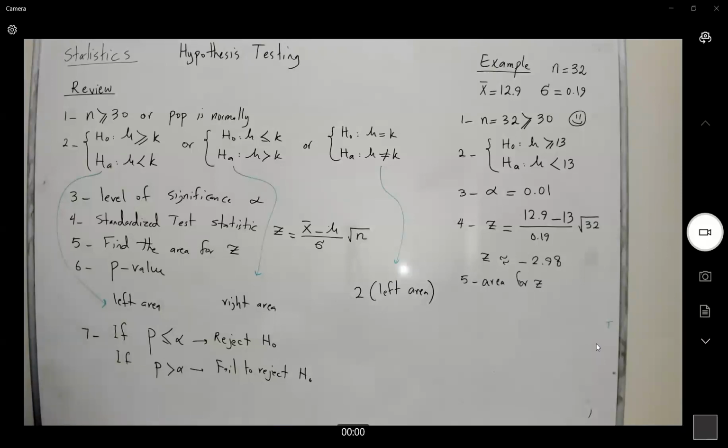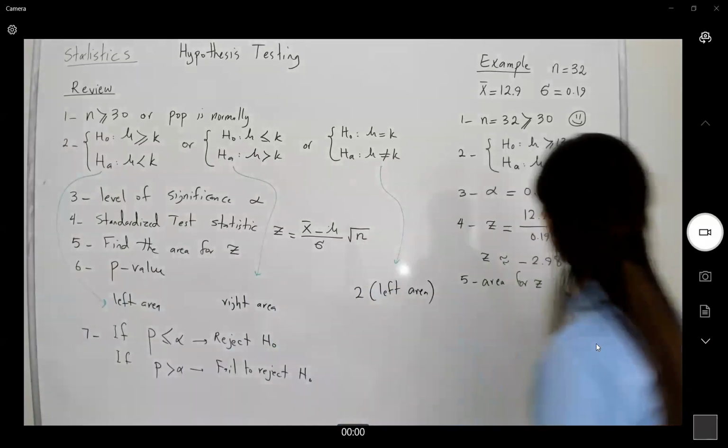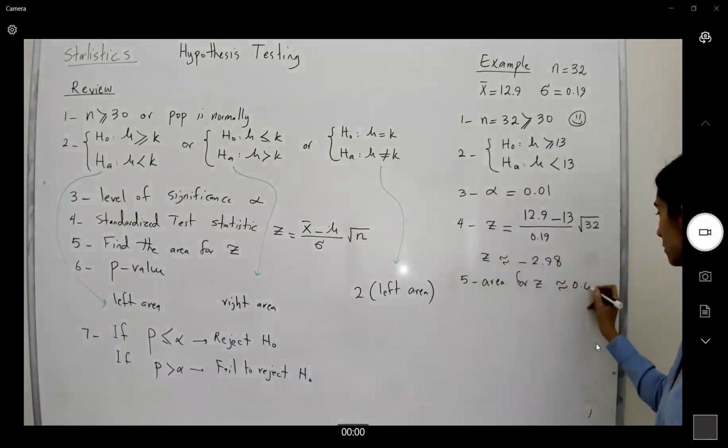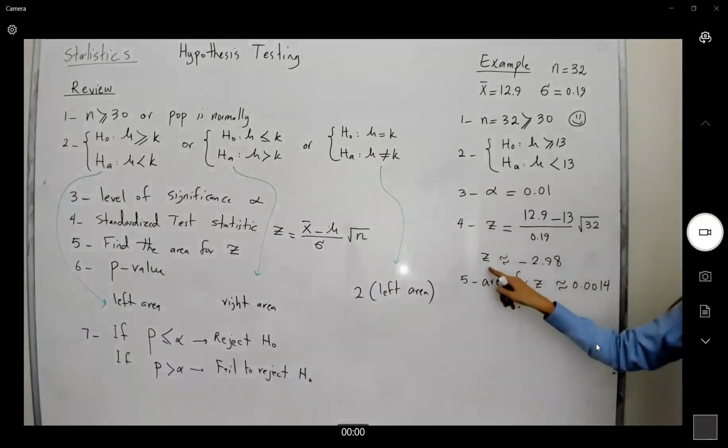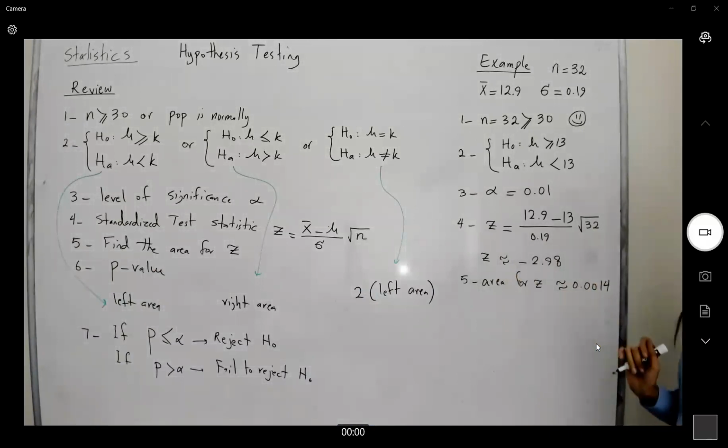Very good. So the area, it's going to be 0.0014. This is your area, the area to the left of Z.